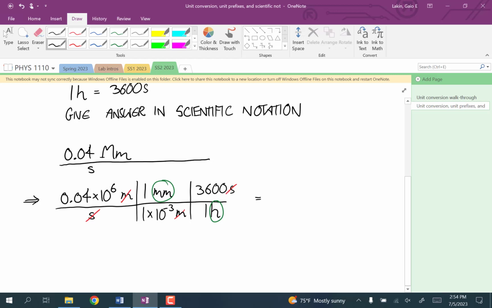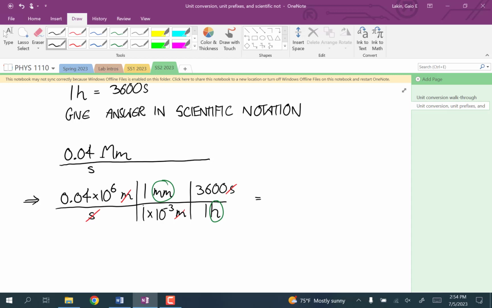Okay, so 0.04 times 10 to the 6th times 3,600 divided by 1 times 10 to the minus third. By the way, that's the same thing as multiplying by 10 to the positive third, if you remember your exponent rules.